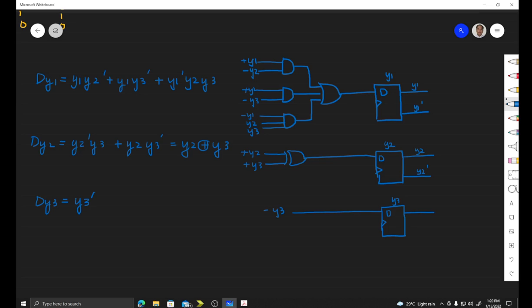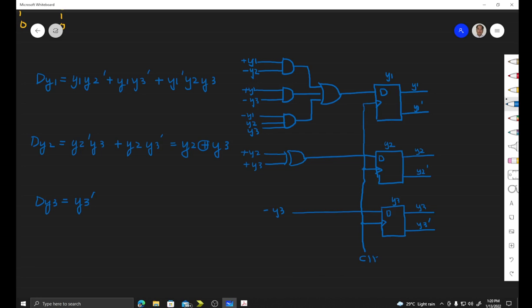So this is y3 NAND, or this is actually minus y3. So we have a synchronous circuit, so clocks are connected common.